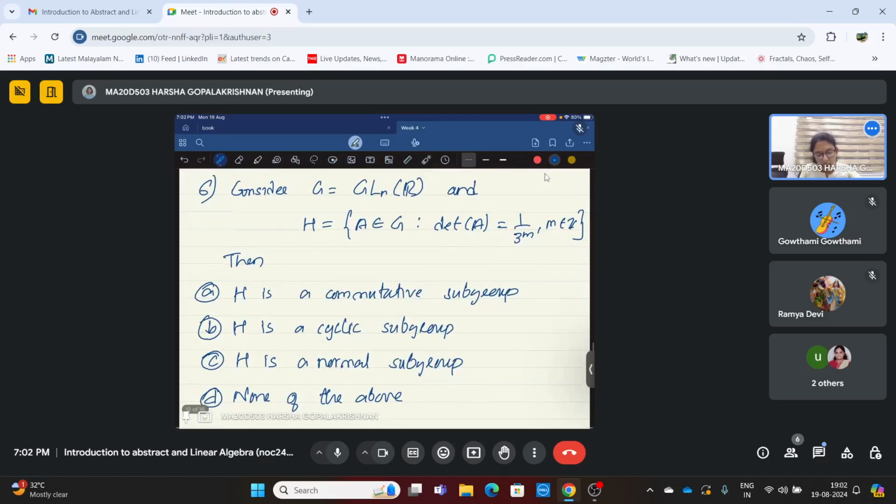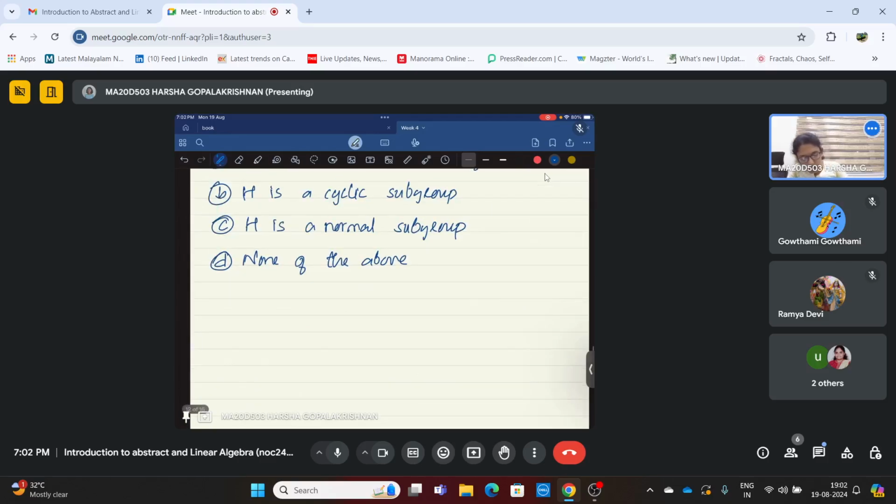G is given as the group GL_n(R). Okay, what is GL_n(R)? Anyone knows? General linear group. GL_n(R) means the set of all n by n matrices such that the entries a_ij of A are coming from the real numbers.